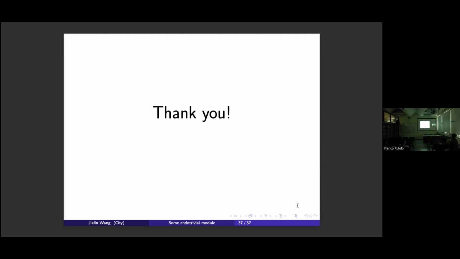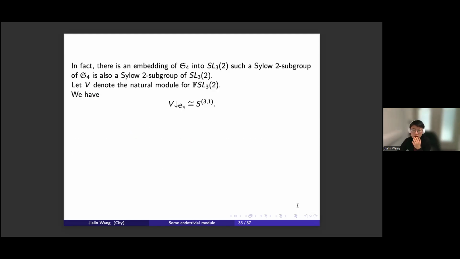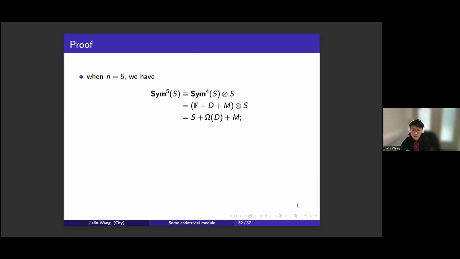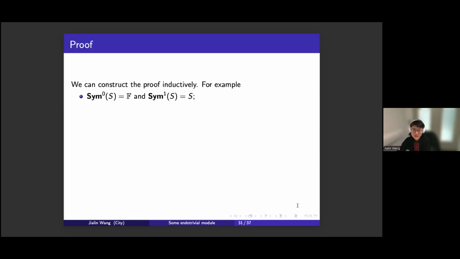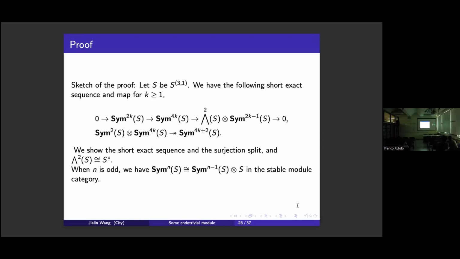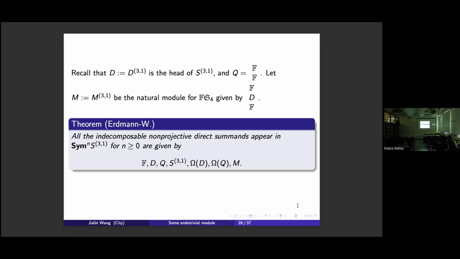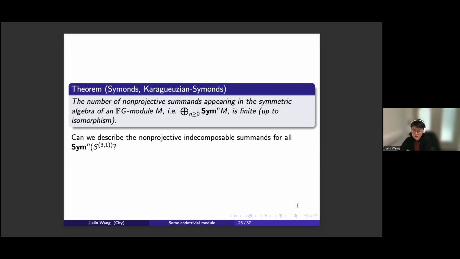I have a question. So do you have hopes to do a similar classification for P greater than 2? Okay, so I think that's the next step. But when P is greater than 2, I think the problem is that the dimension of these modules will grow largely. That's one of the problems. We can still try.